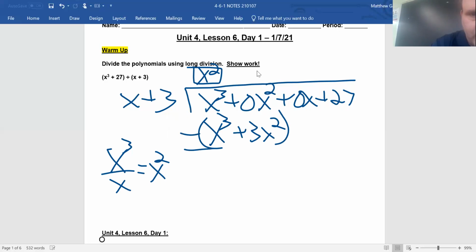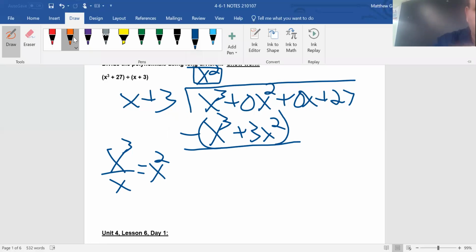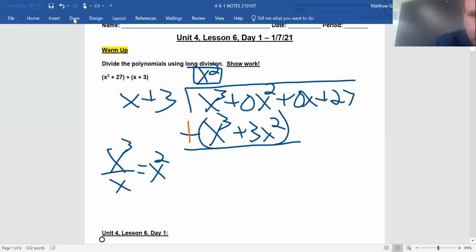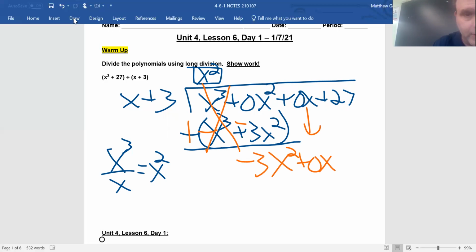And then we subtract vertically. So let's change colors. So make the 3x squared go negative, these cancel. 0 minus 3 is negative 3x squared. Drop the 0x because there are two terms in our divisor.